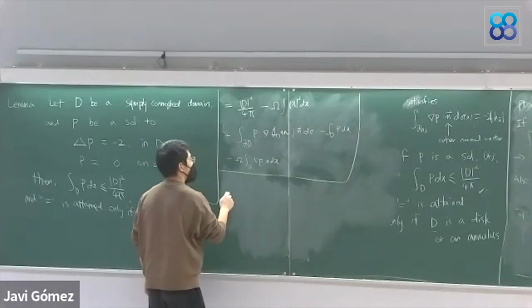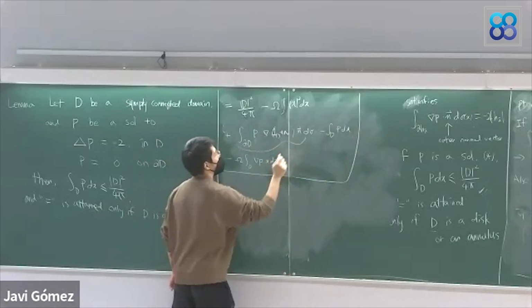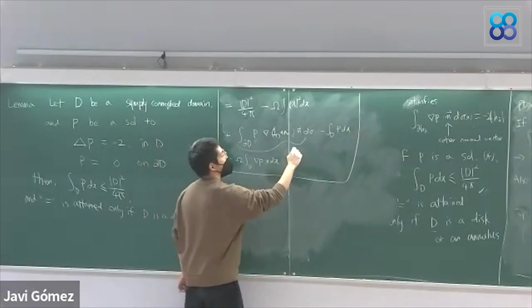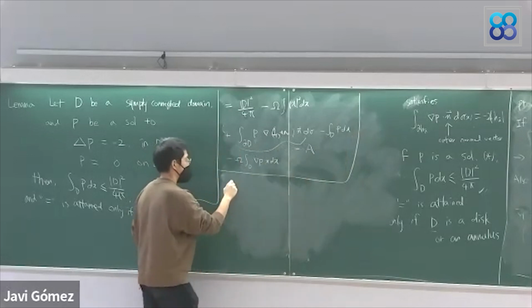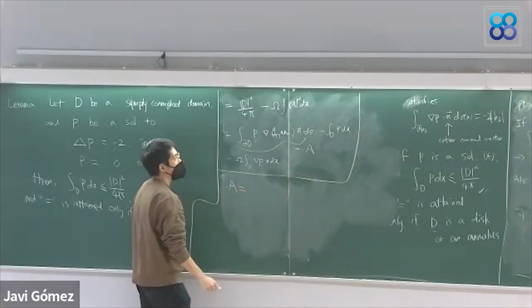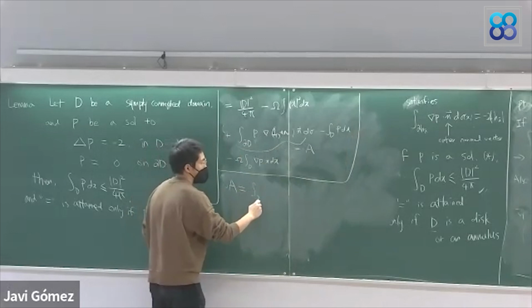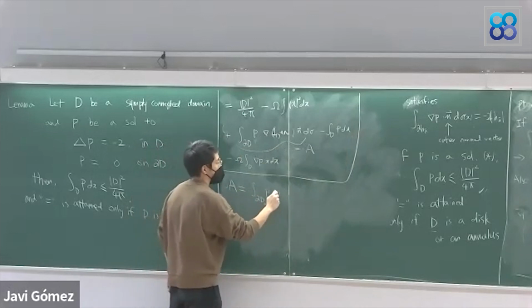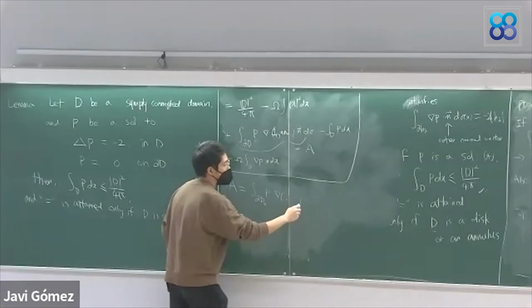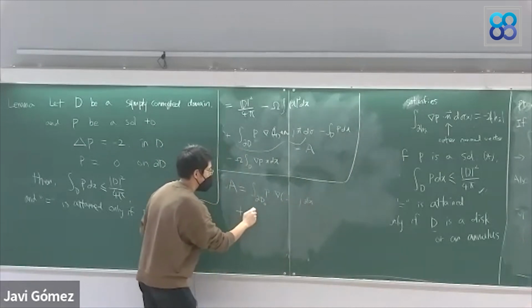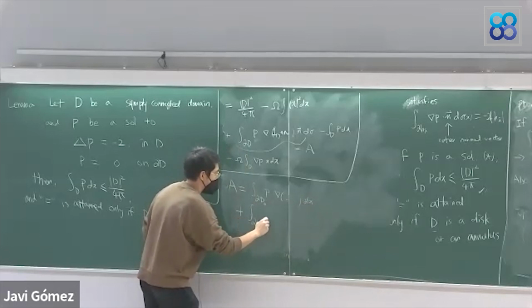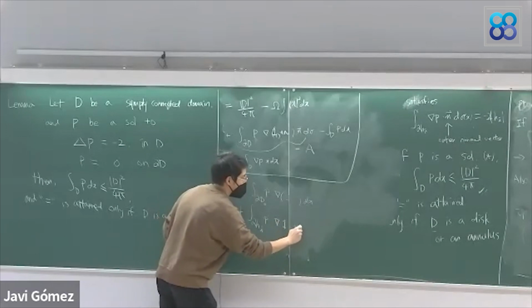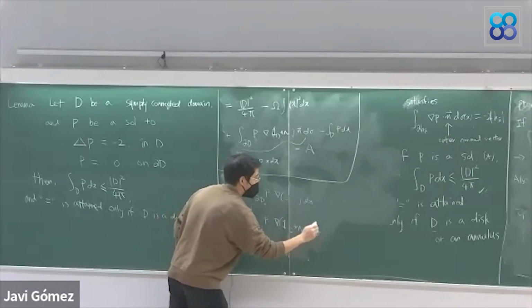So let's look at this term. Let me put this say larger. So large A can be split into the integral over the outermost boundary, which is not really important, plus the integral over the inner boundaries of P times the gradient of the convolution with n, d sigma.